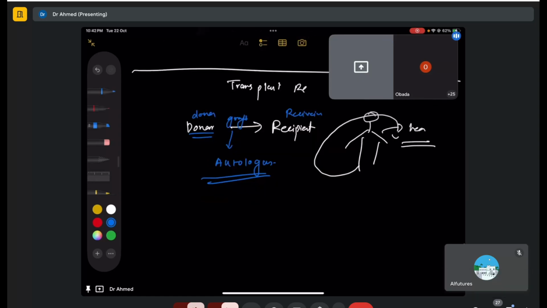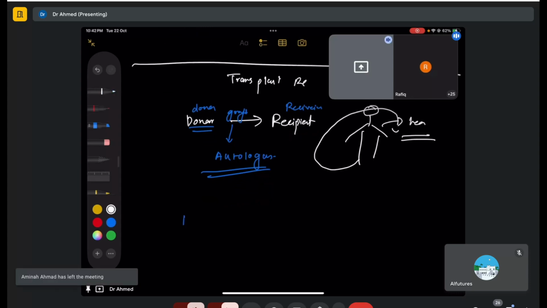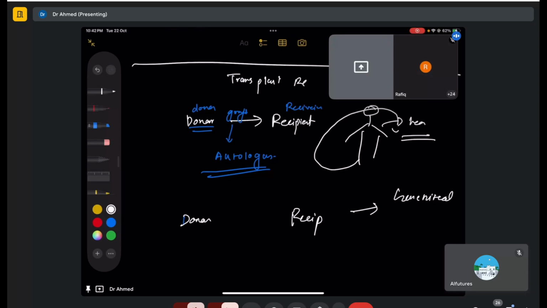Okay. So for example, we have a donor and a recipient that aren't genetically identical. This is the most common form of transplant which we usually see. All of their genome is different from one another.